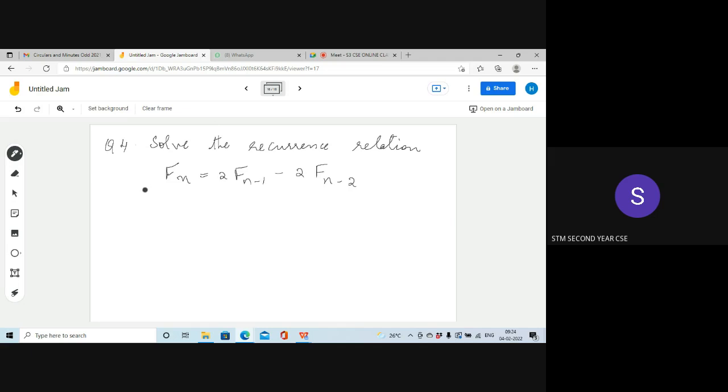The question is not complete. What else do we need? Very good, initial conditions: F0 = 1 and F1 = 3.